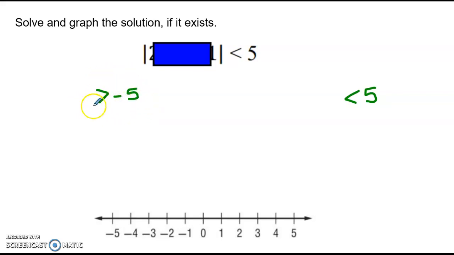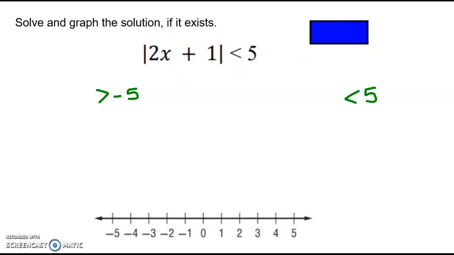And once again, this is the tricky part to set up. Half the problem stays the same. We're going to leave this less than 5. It's setting this up, understanding that all the values greater than negative 5 also make this true. And then from here, we're just going to plug in the rest of the problem. So 2x plus 1 is less than 5, and 2x plus 1 is greater than negative 5. And we'll solve from there.